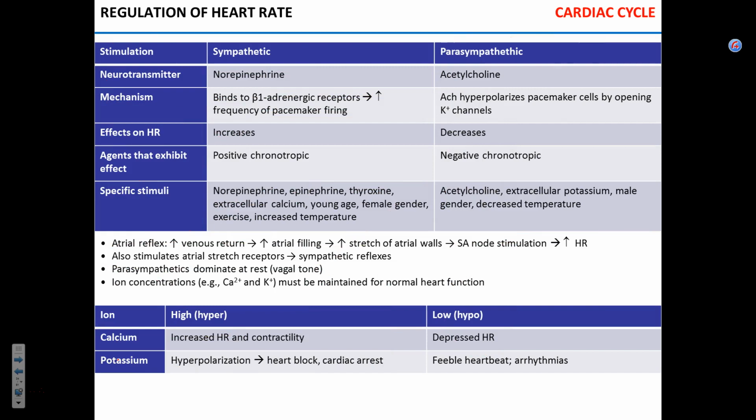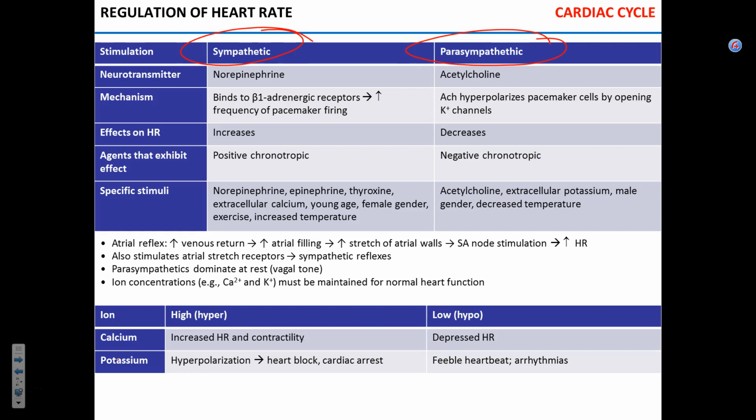Now, we got cardiac output, regulation of the heart rate, sympathetic and parasympathetic systems. Now, important thing. Sympathetic and parasympathetic systems both regulate heart rate. Contractility, the force of contraction, is entirely sympathetic business. Am I clear? Parasympathetics are not involved in contractility.